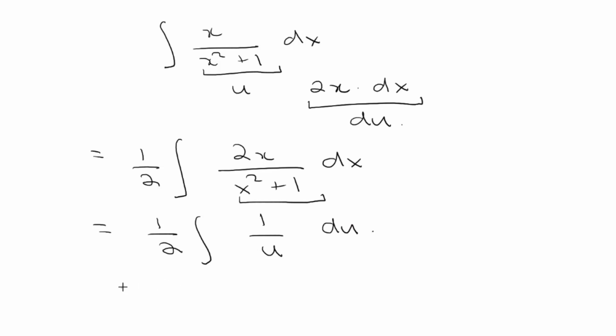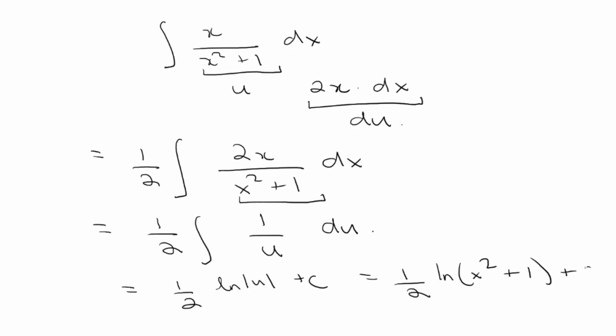Now, the integral of 1 over u is, of course, the natural log of the absolute value of u plus c. And now we substitute that with a half natural log of x squared plus 1 plus c. Right, so let's have a look at another example.